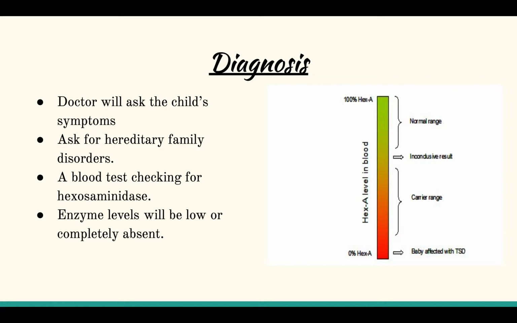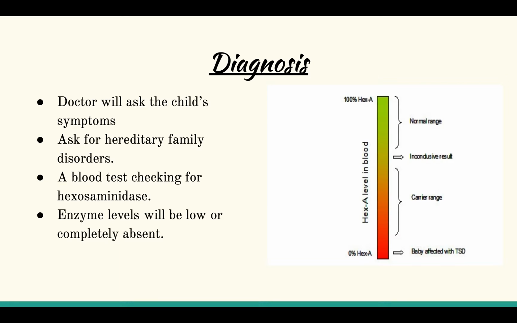So on this picture, you can see on the right-hand side are the hex-A levels in blood. At the very top is going to be a normal range, which is 100% hex-A, and a patient who does not have the gene on their chromosomes. And then if you go a little bit farther down, you'll see the inconclusive results, which is right about in the middle. The carrier range, which is a little bit lower, means that the patient has the gene within them, but they may not express it themselves.